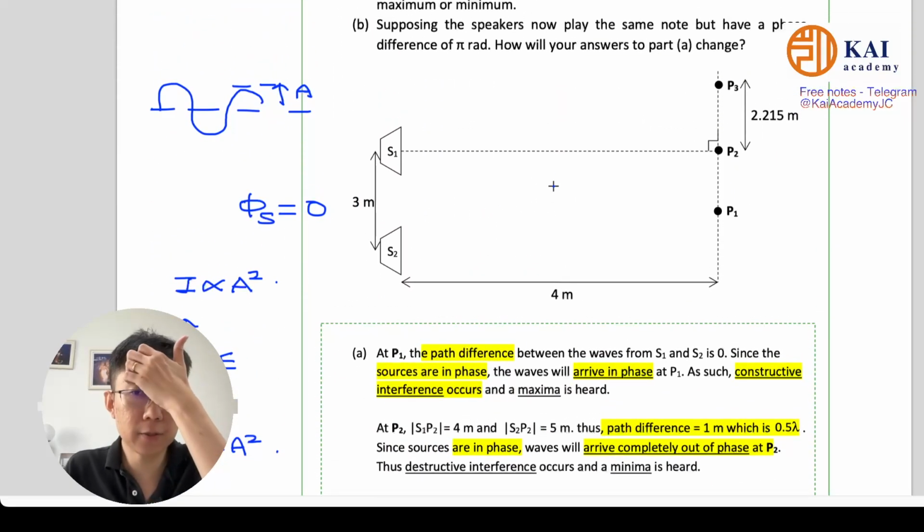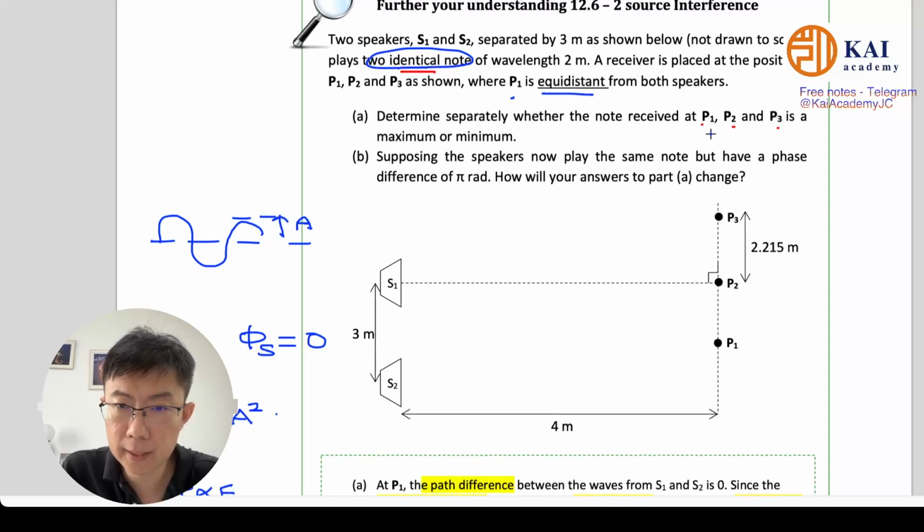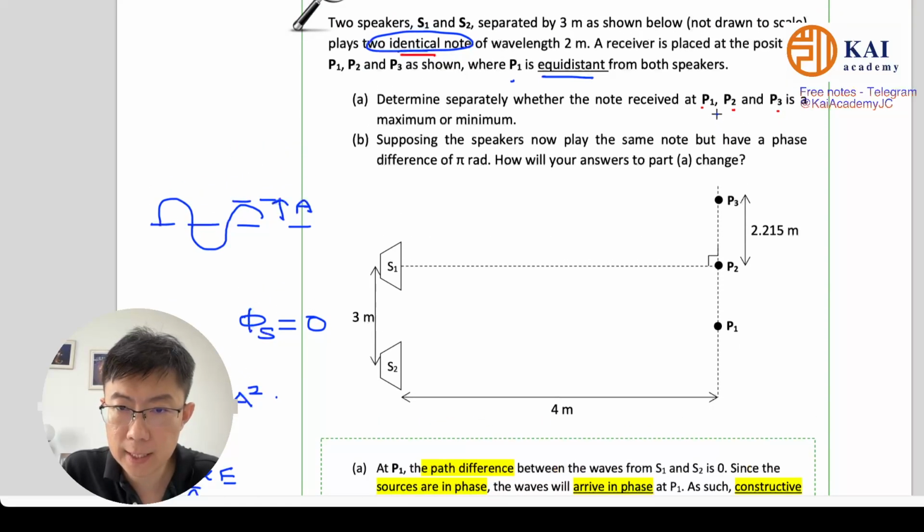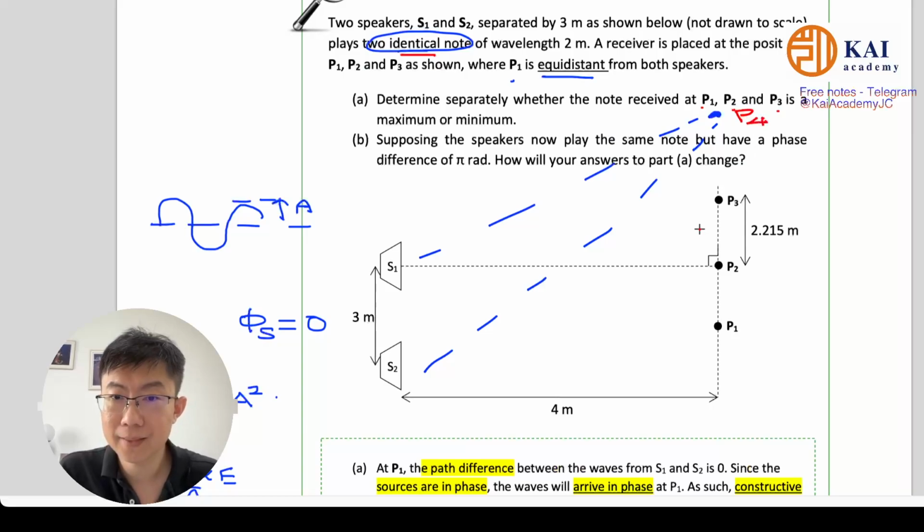Suppose they now give you some random point, so let's say here. This point is again some distance from S1 and some distance from S2. Maybe I call this P4, and maybe they'll give you the distances and so on.